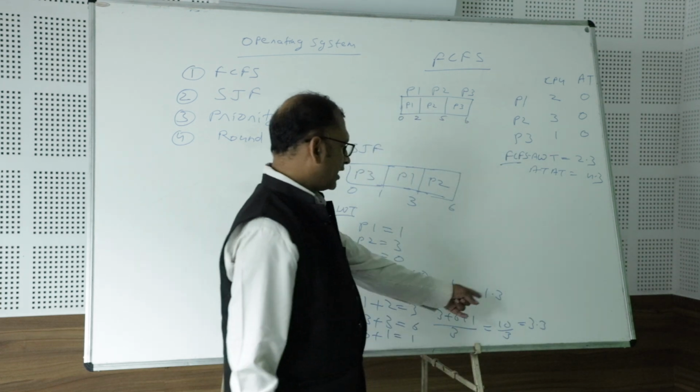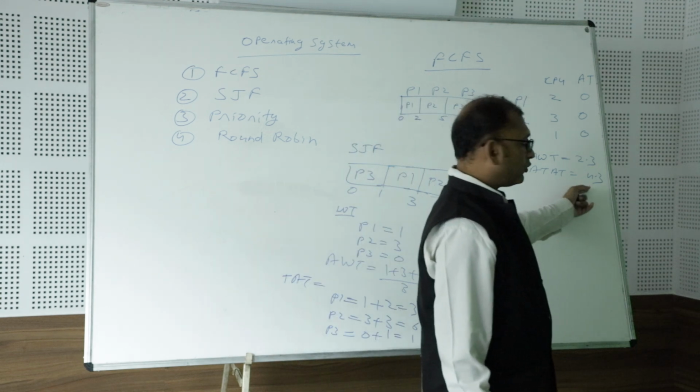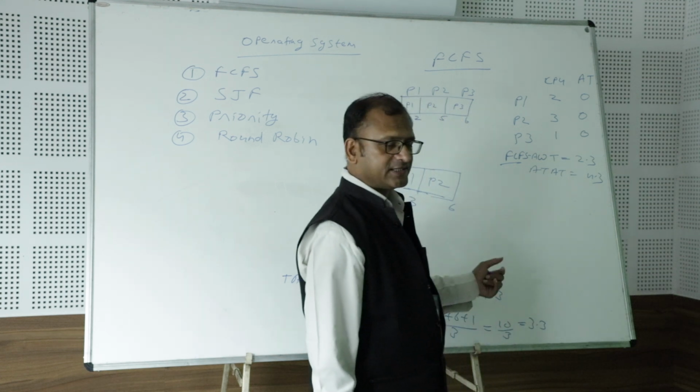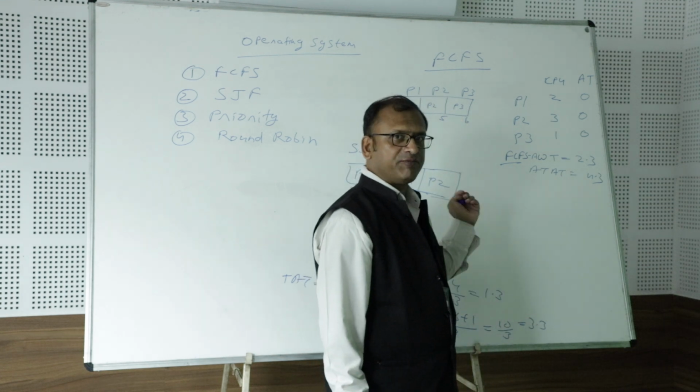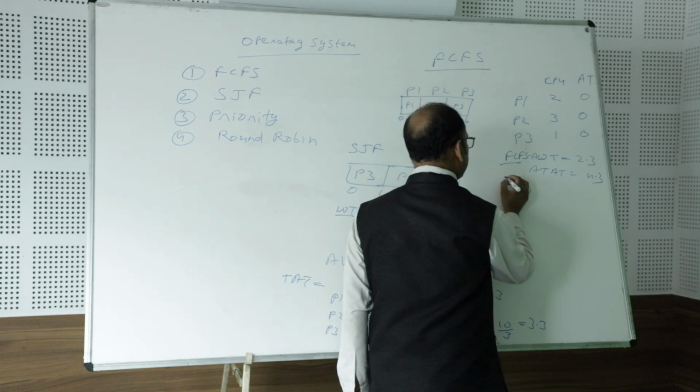So here we have got the average turnaround time to be 3.3, whereas in the FCFS we have got it to be 4.3. So again the turnaround time is also less here. So this algorithm is much more efficient than the FCFS algorithm. So we will write here SJF also.